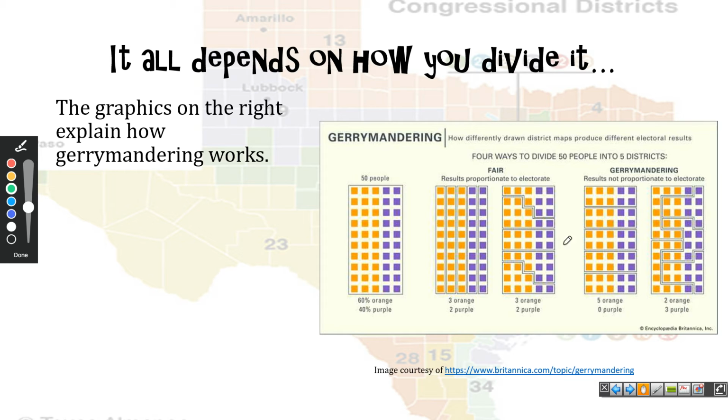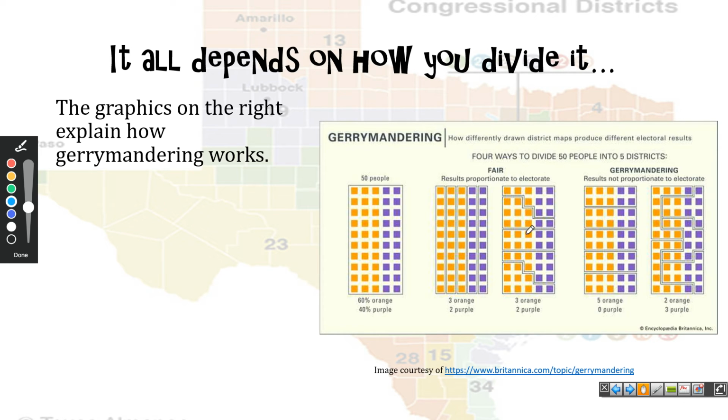You may have to come up with funny shapes like you have on this one on the right. You see that these shapes are slightly different. Here on the bottom, you have what looks to be 8 orange and 2 purple, so that's going to be an orange majority district. But in this next one, you have 6 purple and 4 orange, a purple majority.